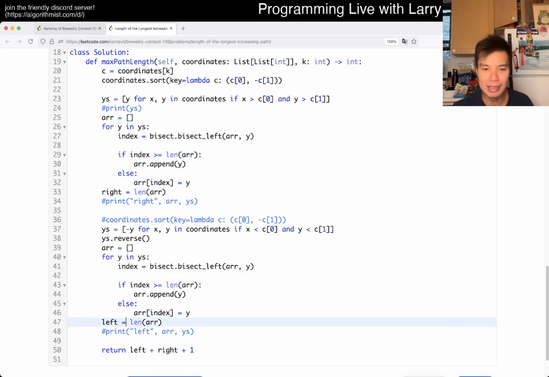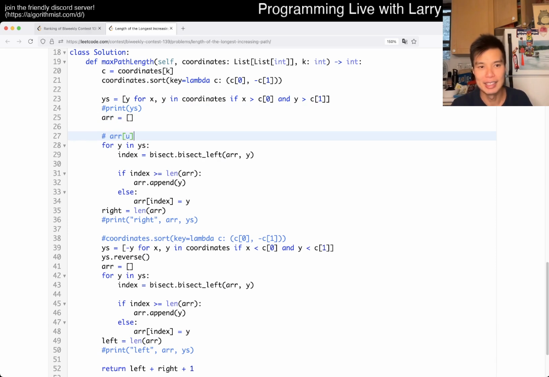And remember that in the longest increasing subsequence, the array sub i actually contains the smallest y that has a length i, right? Or i plus 1, I think. Yeah, i plus 1.